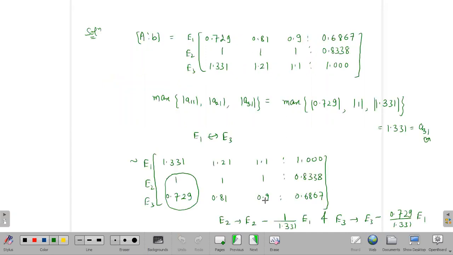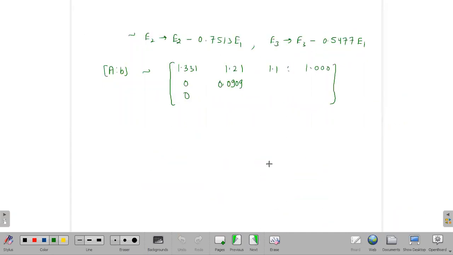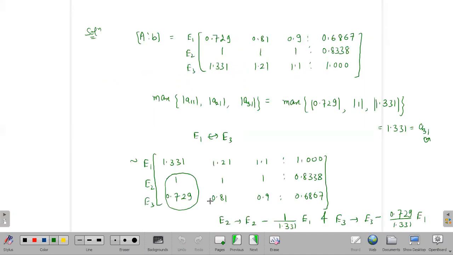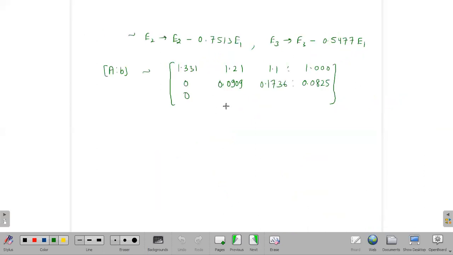And here I will take 1 minus this number into 1.1, then I will get 0.1736. Similarly, on the right hand side, you will get 0.0825. And this will become 0. Then use this operation in the third row, 0.81 minus this number into 1.21. That will give you 0.1473. And similarly, you will get 0.2975 and here 0.1390.